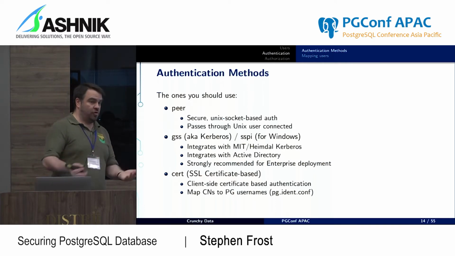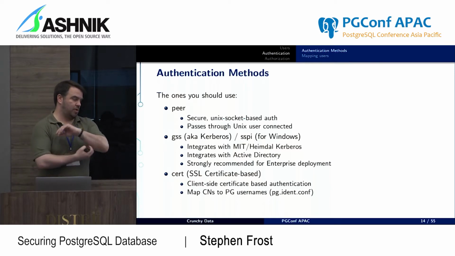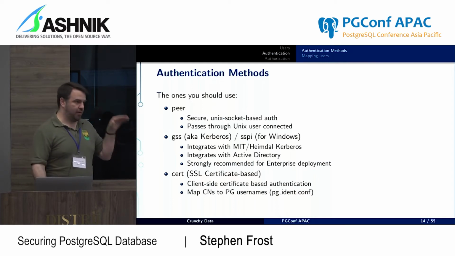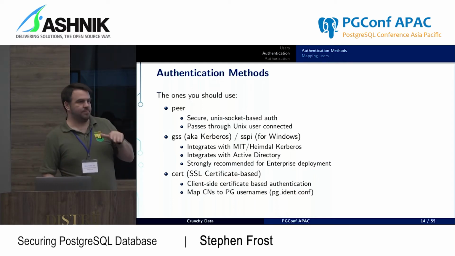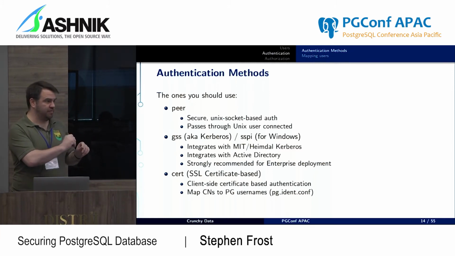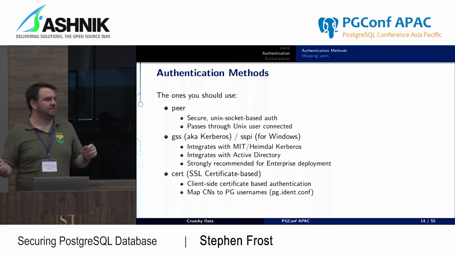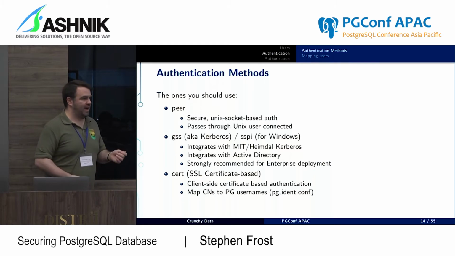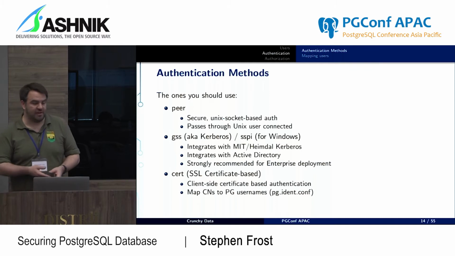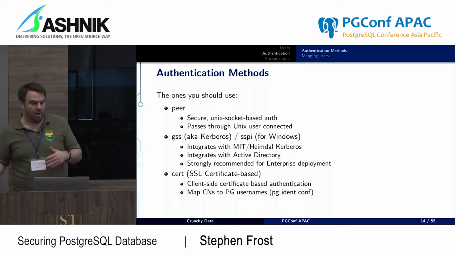When you saw me run psql and log in directly as a superuser, that's because there was a pg_hba line that said local peer. The Unix user was Postgres, and when I logged into the database, that meant I was the Postgres database user automatically. And that user is a superuser in the database. So that's peer-based authentication.